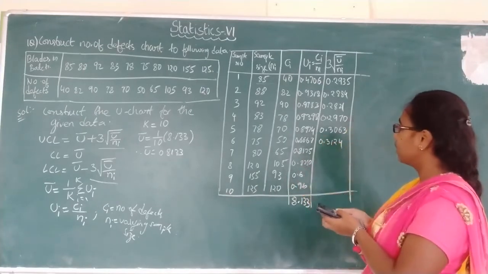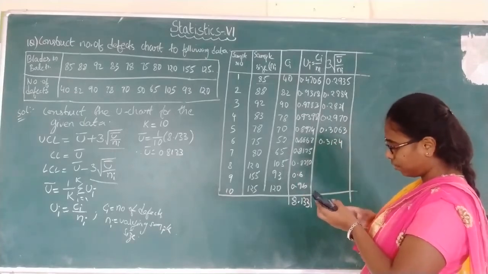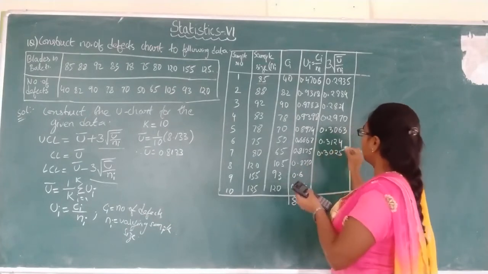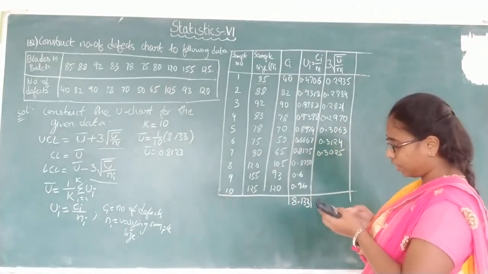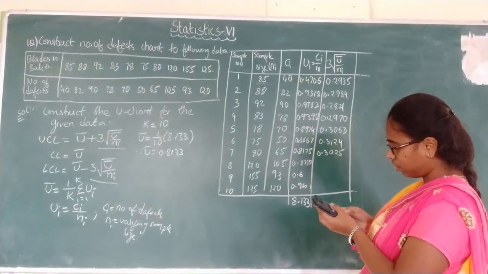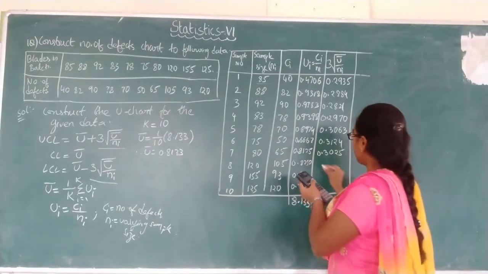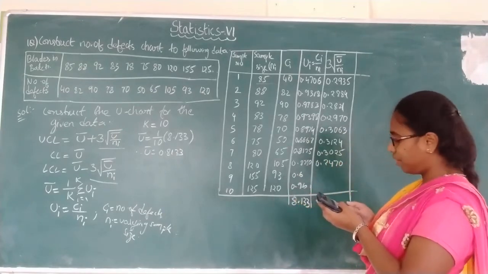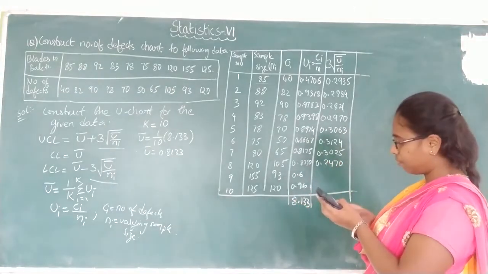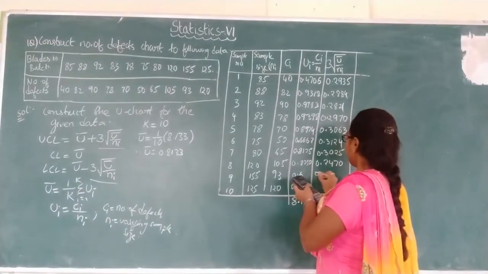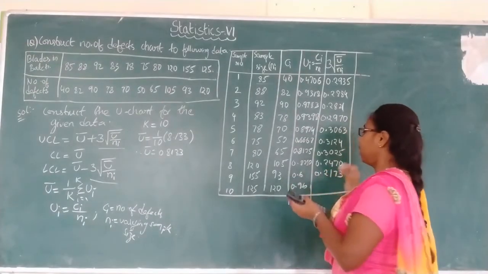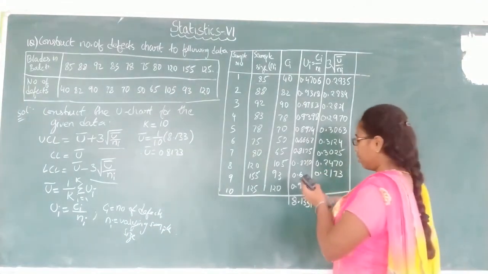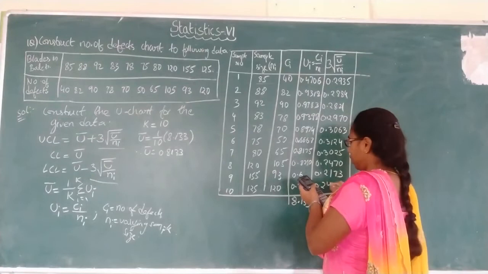Next is 80, which gives 0.3025, and the next one is 120, which gives 0.2470. Next is 155, which gives 0.2173, and the last one is 125, which gives 0.2420.